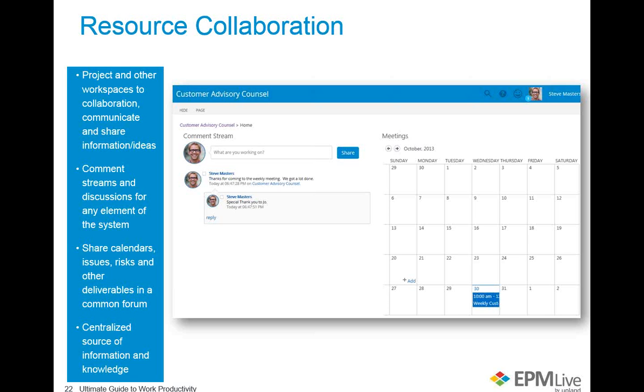It's a centralized source of information and knowledge sharing, as well as sharing documents and other things like that. The key here is that you could have different workspace types depending on the nature and type of projects your teams are on, and that facilitate the unique way they have to work on that particular project, so it's not a one-size-fits-all proposition. In that regard, having these types of forums and collaborative tools is very helpful.